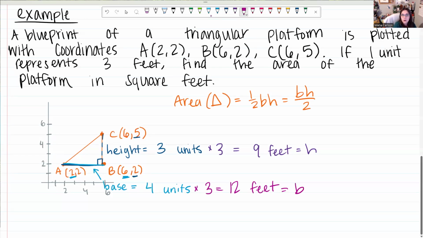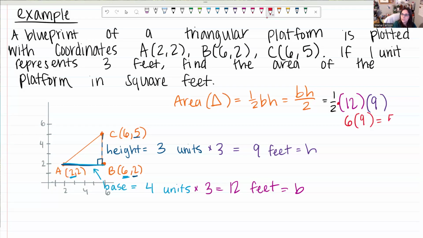So this is 1/2 times our base, which was 12, times our height, which was 9. And I actually can combine 1/2 and 12. I should say multiply 1/2 times 12 to give me 6 times 9, which is 54.